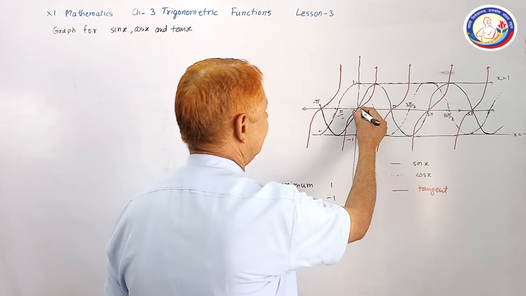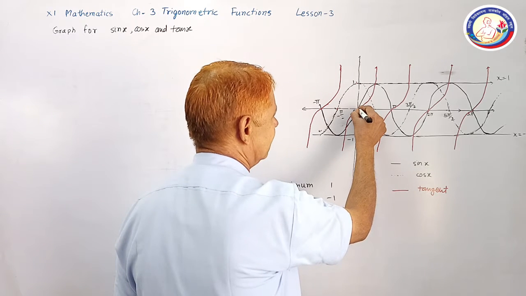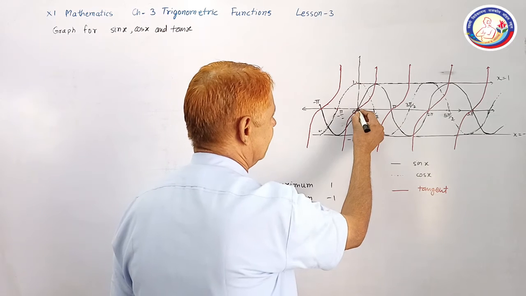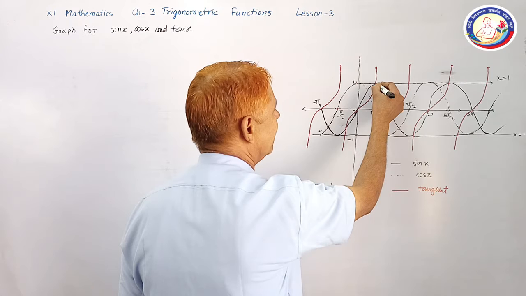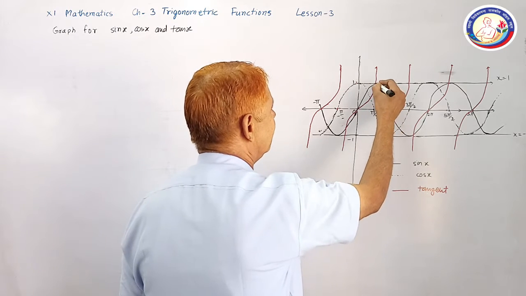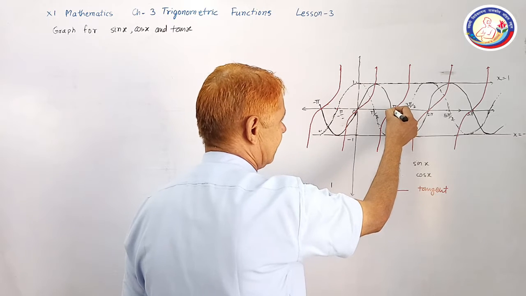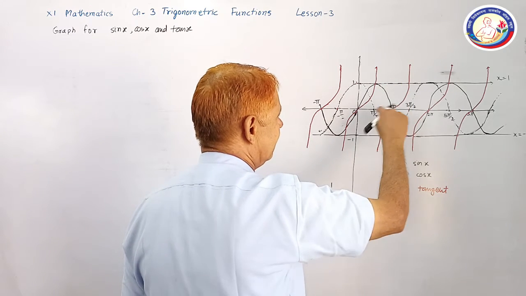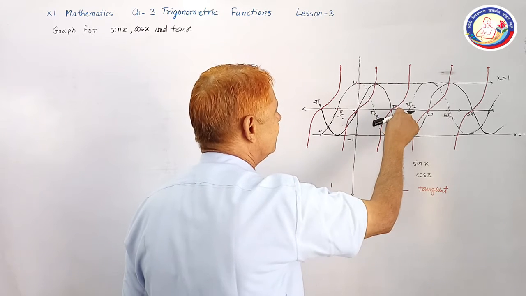So, if we start from x equal to 0, the value of sine increases from 0 to 1. It becomes maximum at pi by 2, and then decreases from pi by 2 to pi, from 1 to 0.